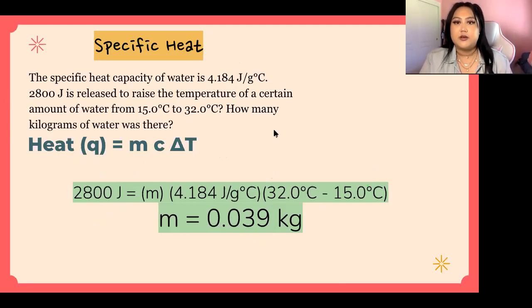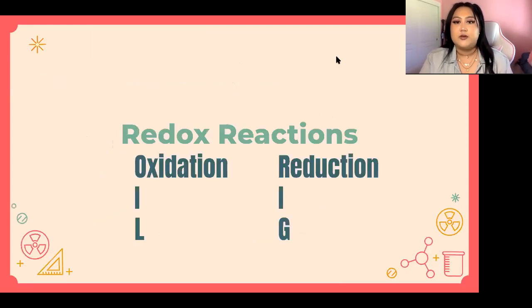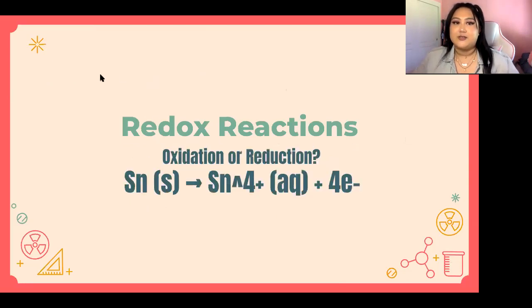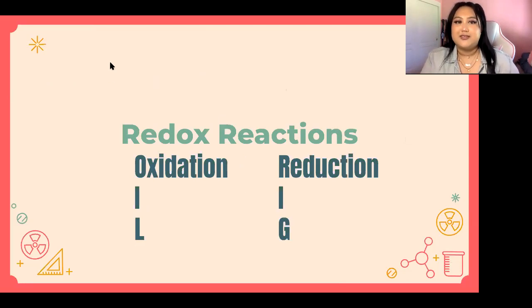Let's go on to redox reactions. I'm pretty sure she had gone over the acronym OIL RIG. Just as a refresher, can someone tell me what oxidation is? Do you remember? Oxidation is losing electrons?